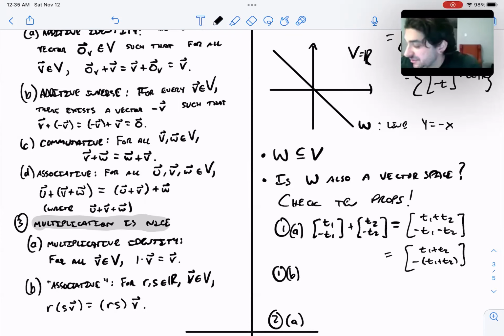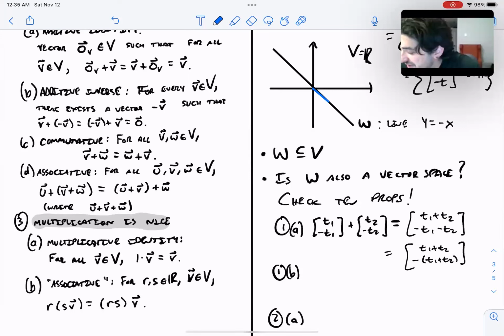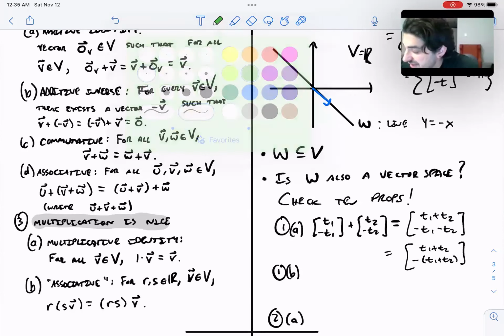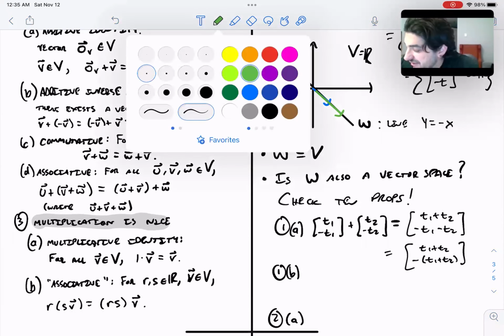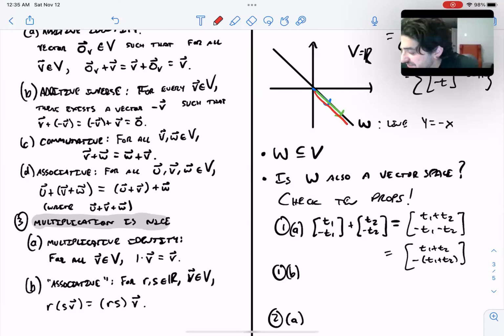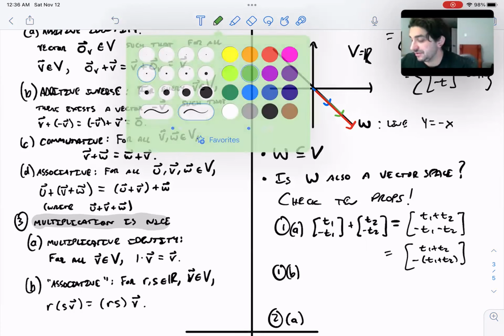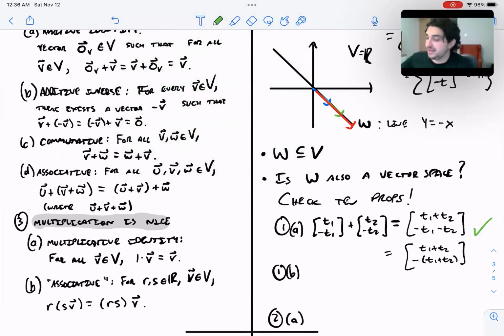So we're saying that if you pick one vector along this line W, and you pick another vector along this line W, and you add them together, then their sum will again be along this line W. So the first property, closed under addition, is just fine.